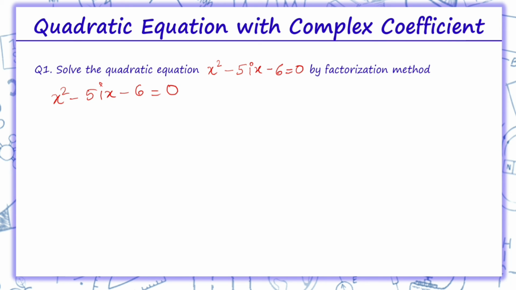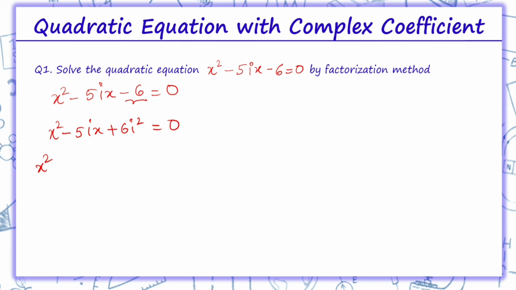Now since we have this -6, if I factorize 6 as 3 into 2, and do -3 minus 2, I will get -5, but I won't get i over here. So therefore this -6 will be substituted by 6 i square, so it will become x square minus 5ix plus 6i square.